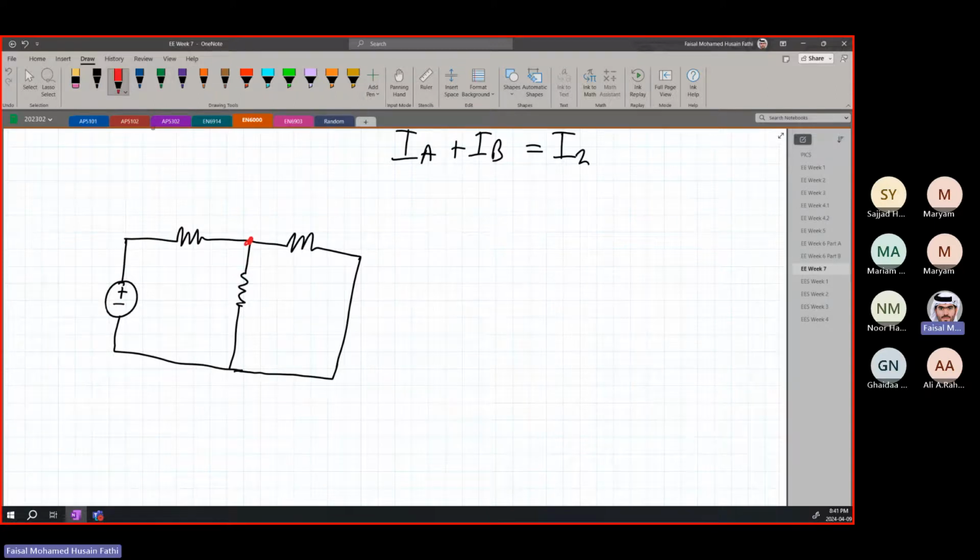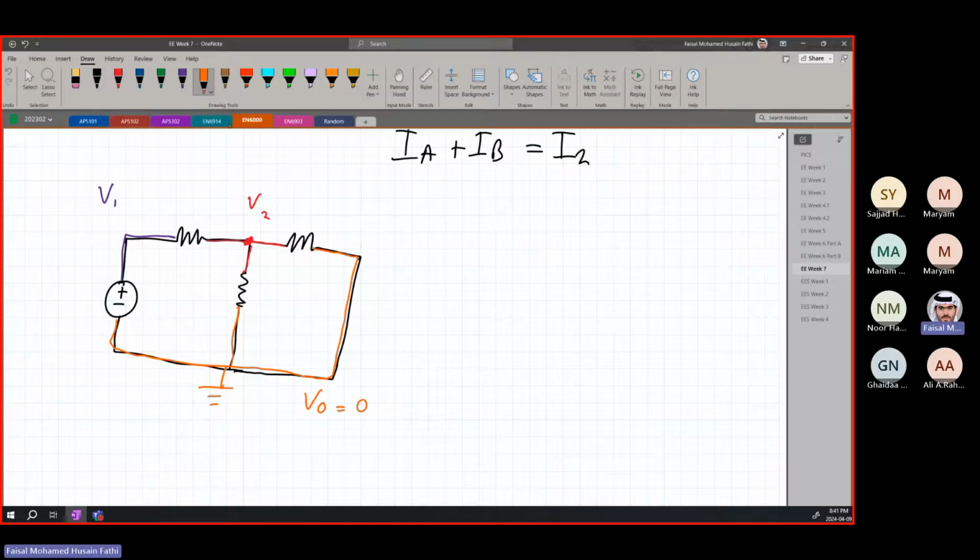What do they mean by node? They mean the voltage at this node, okay? If I remember that this whole thing has the same voltage, and this whole thing has the same voltage. We'll call this V1, we'll call this V2, and then again, this whole thing over here is going to have the same voltage. We'll call this V0 or ground, which is equal to 0.